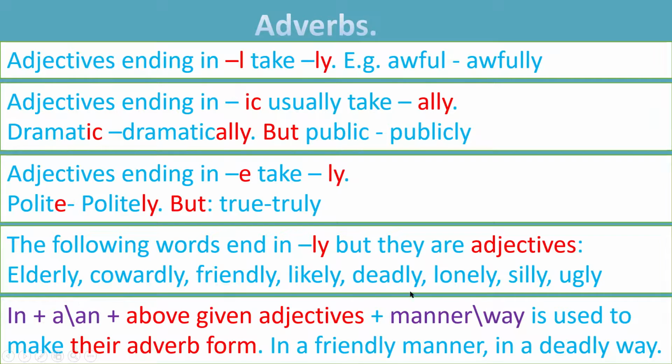In a cowardly way or manner. It doesn't matter which one you use, the meaning will be the same. Using way is the most popular among students. Understood? This is a formula used to make the adverb form of these adjectives.